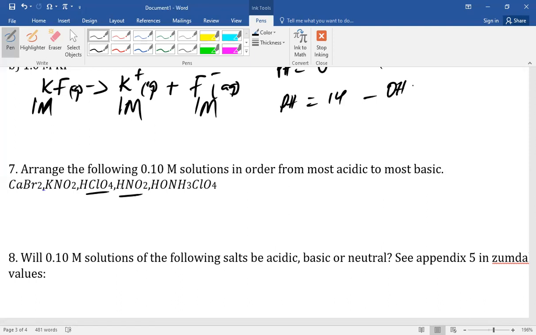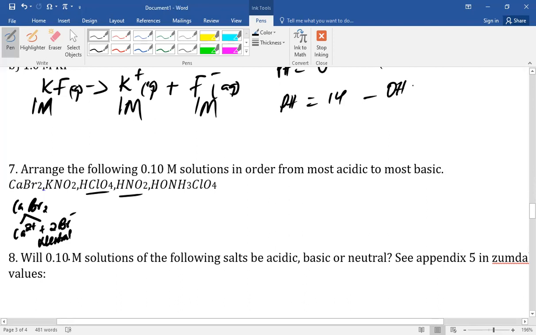Okay, so let's start with this one. We have CaBr2, which gives Ca2+ and 2Br negative. So this one is a neutral salt, because this is a salt and it's going to be neutral. The other one is also a salt.